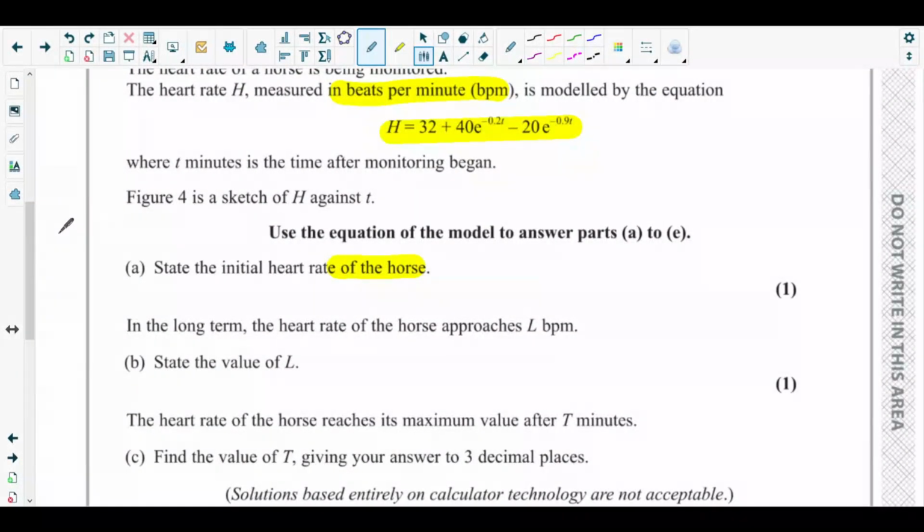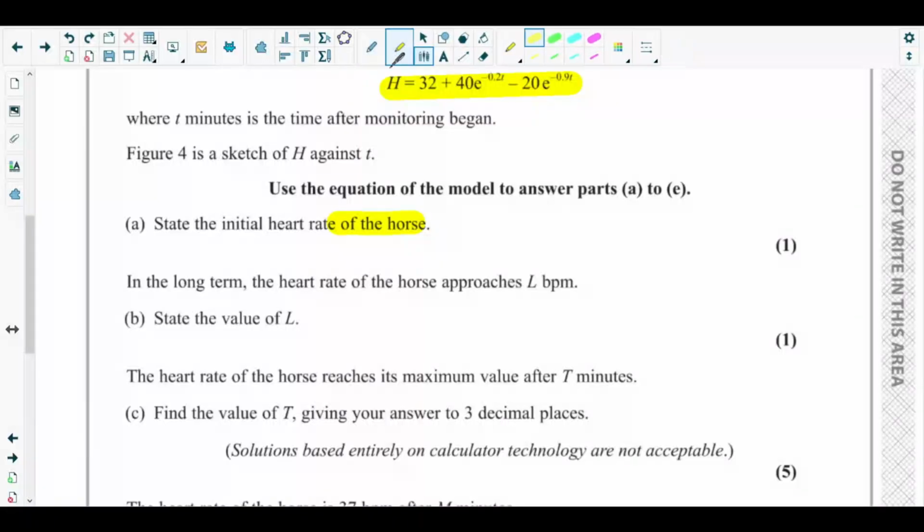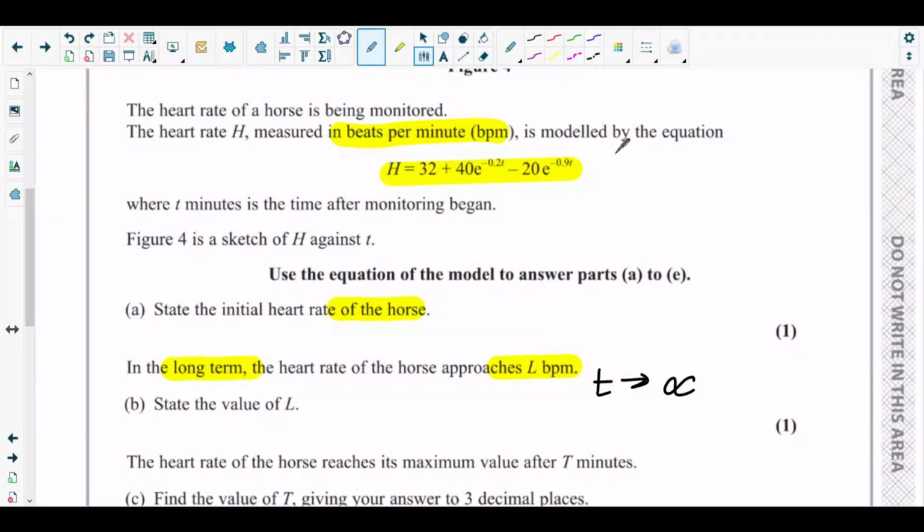Next is part B. In part B, they are saying that in the long term, the heart rate of the horse approaches L BPM. Long term represents when t tends to infinity. State the value of L. As t tends to infinity, e^(-0.2t) and e^(-0.9t) will get closer and closer to 0.